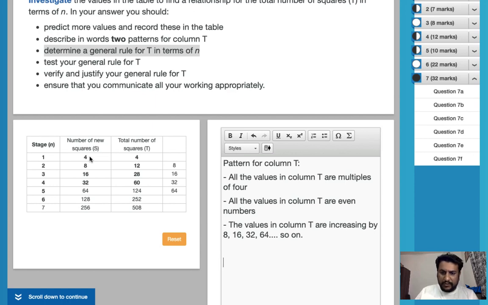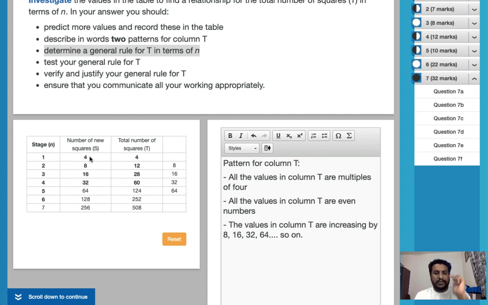The first term is 4, the second term is 8, so the total is 4 plus 8, which is 12. The third term is 16, and if you add all three stages, you get 28. So 4, 8, 16, 32 is a geometric sequence, and if you keep adding all of this, you get a geometric series.